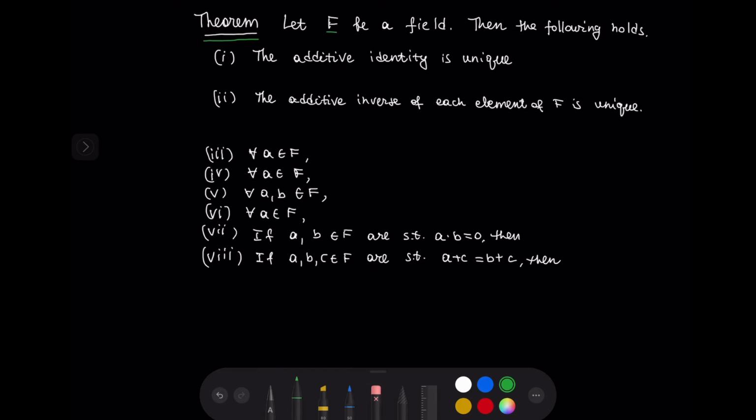So let F be a field, then the following holds. The additive identity is unique. So 0, there is only one 0 in the field F. And there is also only one 1 in the field F. 1 is the multiplicative identity.